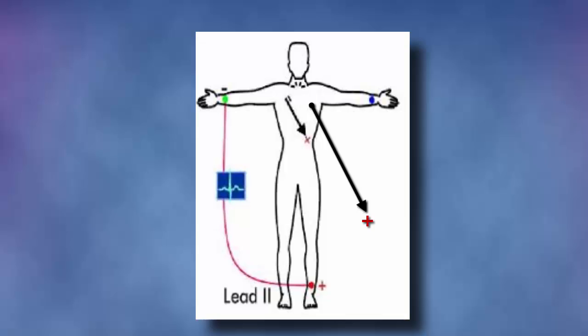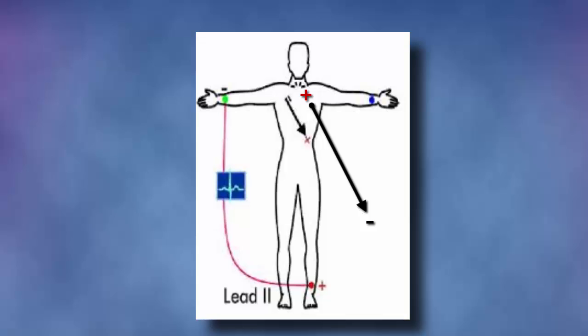The repolarization wave is the opposite of the depolarization wave. It's a negative wave. So if we switch the poles on the arrow, with the negative down at the bottom and the positive up on top, we would expect to see a negative deflection. But that's not the case in the lead 2 ECG trace. We actually see a positive T wave.